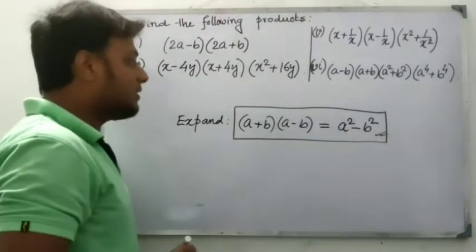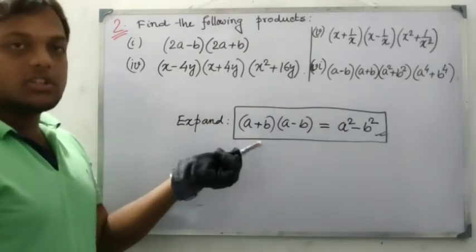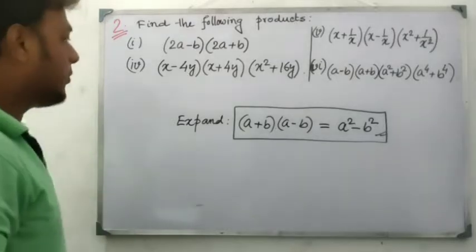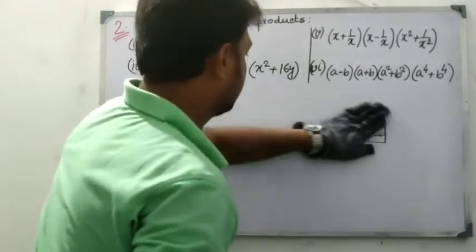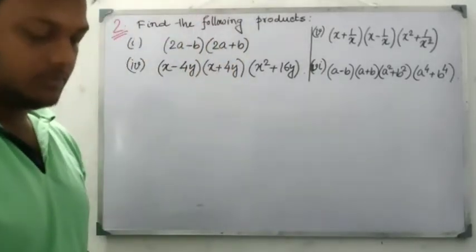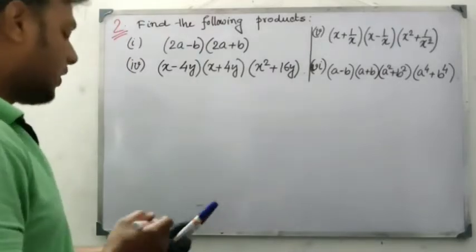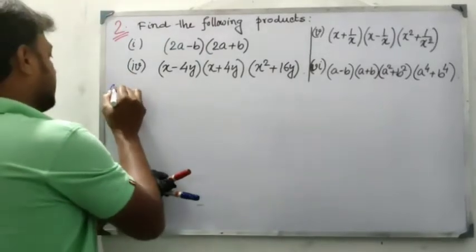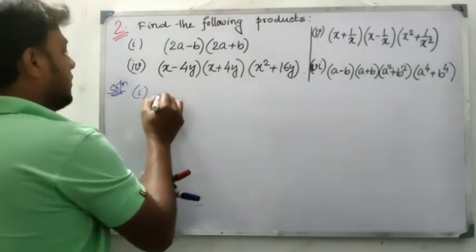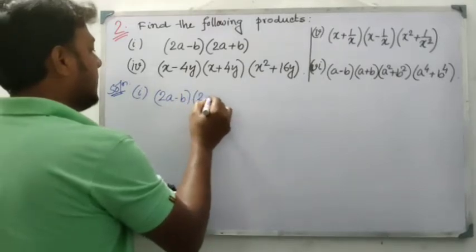We will apply this by using these identities. We can solve each and every problem of 2 series. So look at the board. See the first problem. 2's 1. 2's 1 is given that (2a − b)(2a + b).